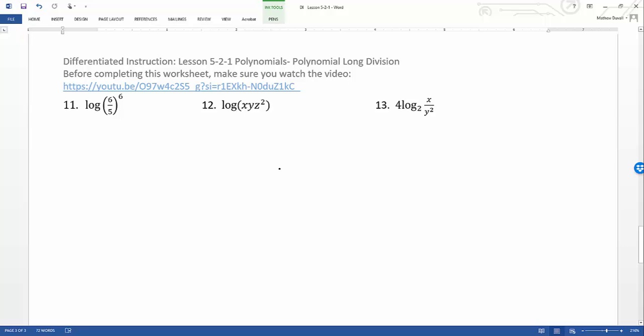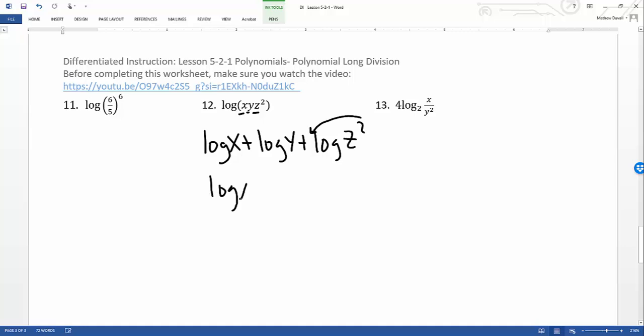So expanding, each factor represents a log. So I have 3 logs here. So log x plus log y plus 2 log z.